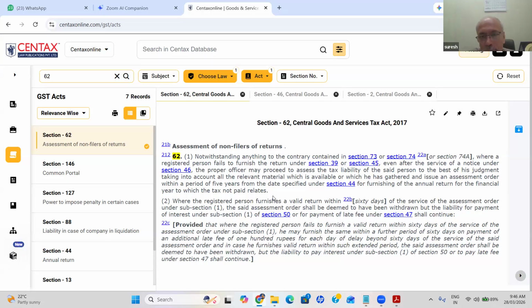But in the month of October, he finds that his returns are pending, and he wants to file the return of October. As per section 39(10), nobody can file a return for a period unless the preceding return is filed. So that is a catch, sir. For that October return, he will have to file the return of April.